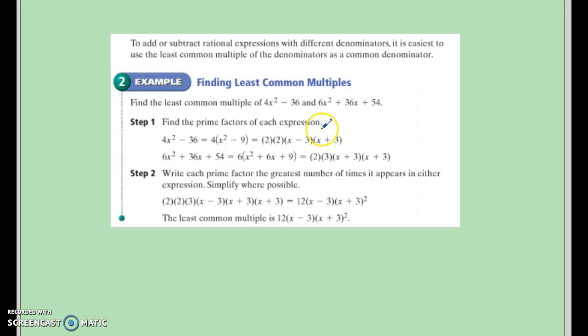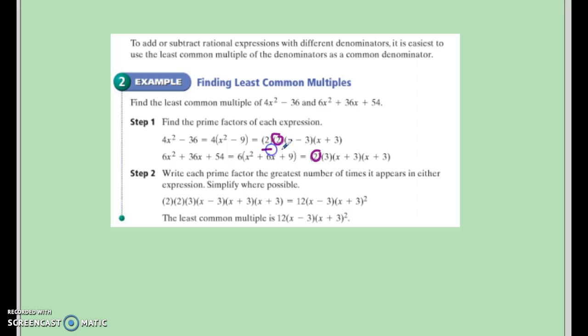So now that I've found this, I have to write the prime factor the greatest number of times it appears in either expression. So here I have 2 times 2 times 3, right? My 2 times 2 times 3, and I only use 2 2's instead of 3 because these are shared.